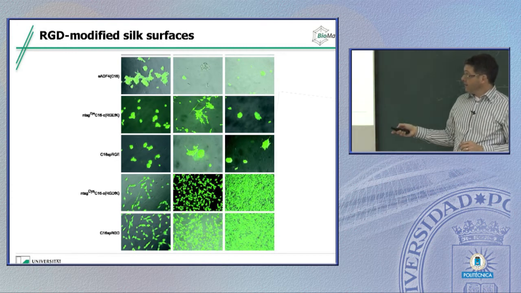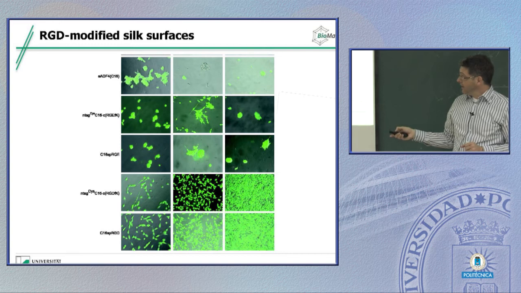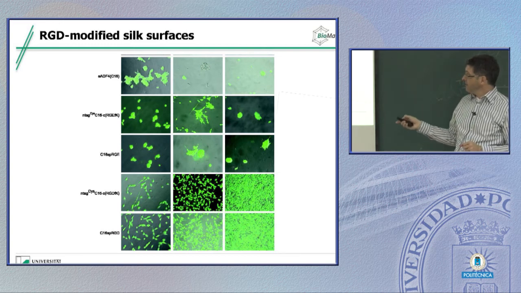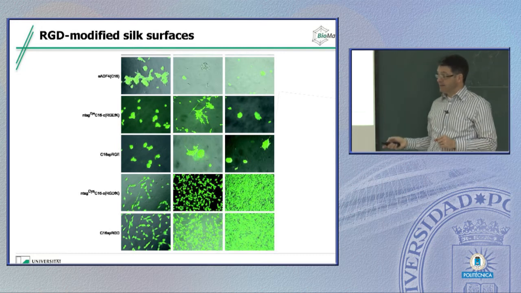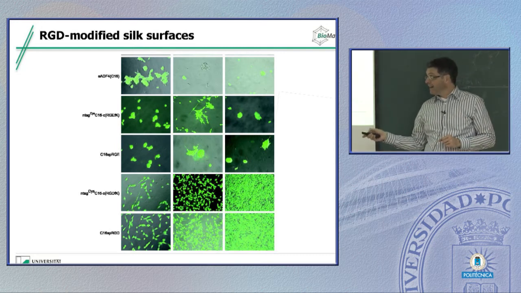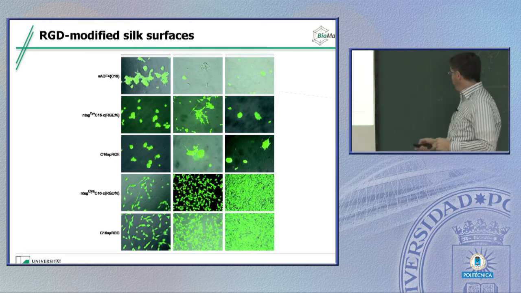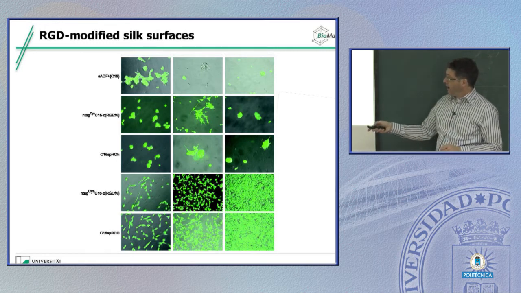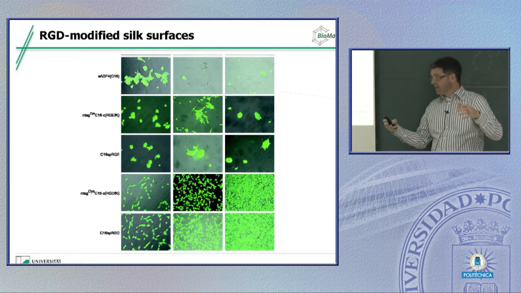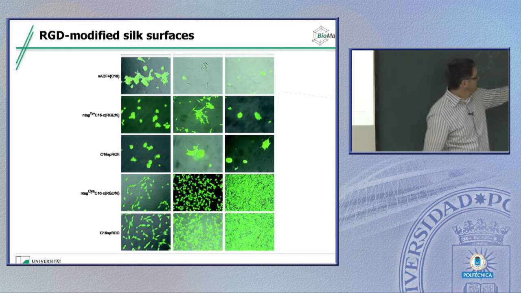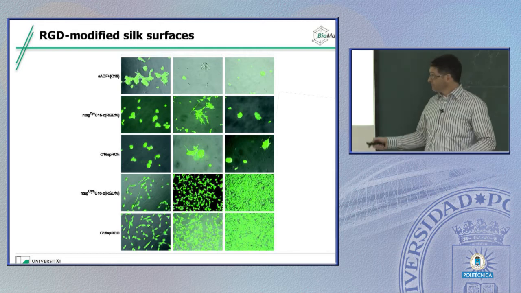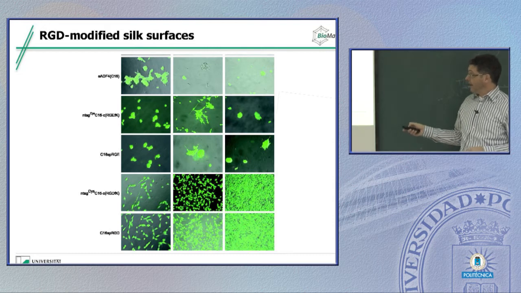This is the chemically labeled protein, and here's the genetically labeled protein. You see not much of a difference at day 1, but at day 7, it even has a higher density with the genetically added RGD sequence, meaning that we did a good job incorporating the sequence, probably in a manner that allows a native-like structure, and therefore the cells like this surface very much.